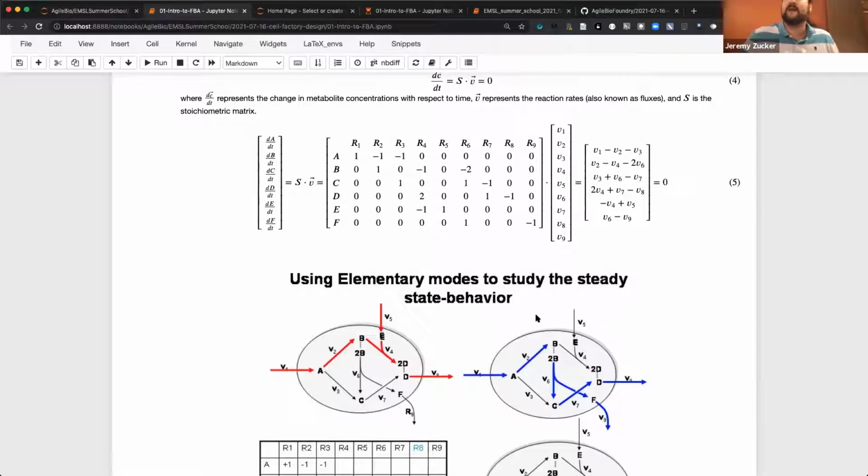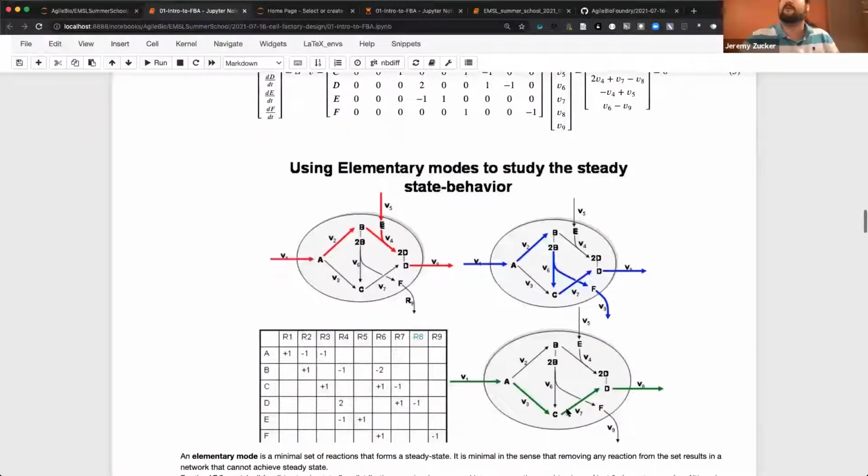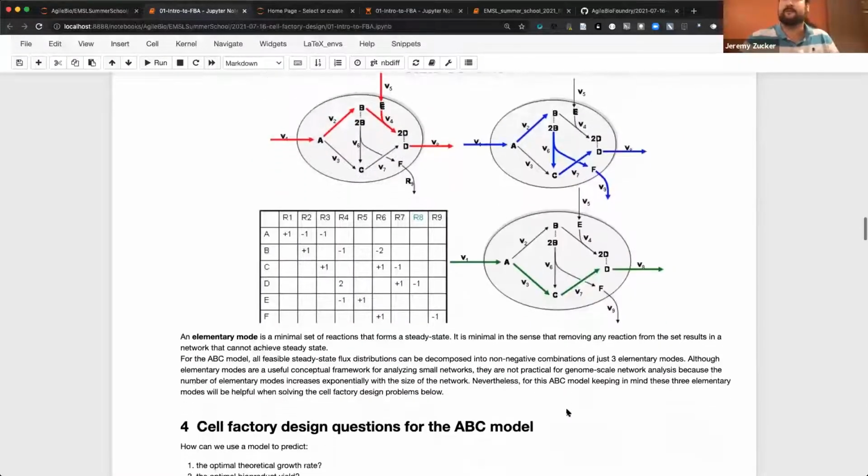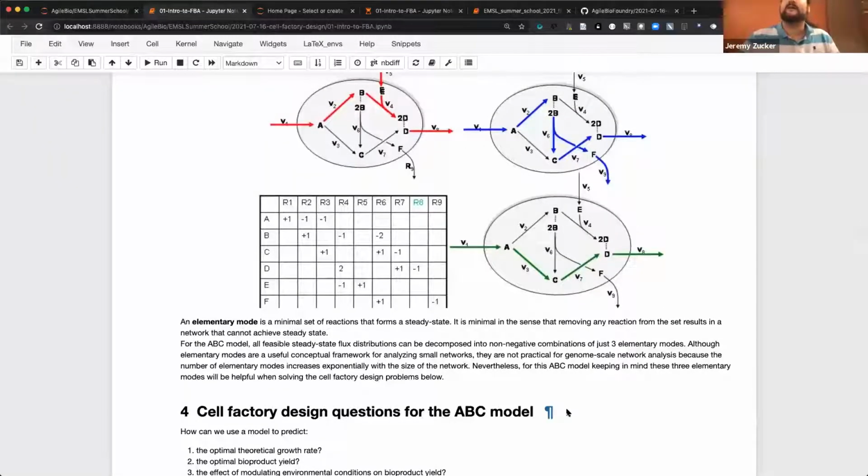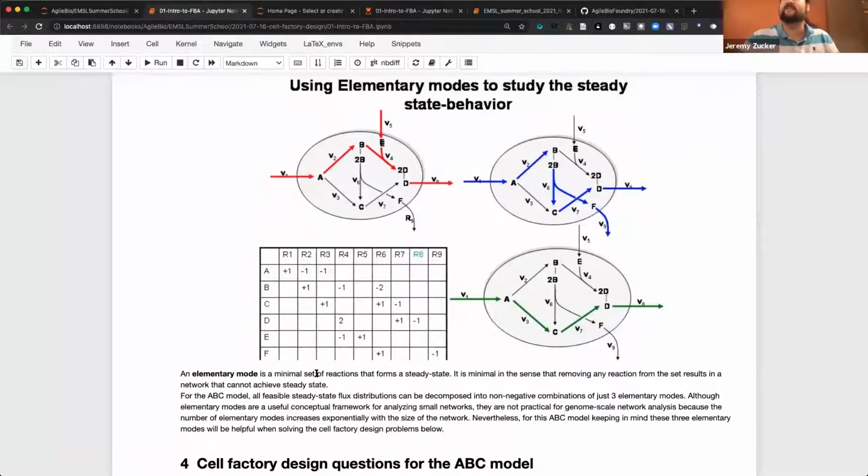You can describe any steady state as basically a linear combination of 3 what are called elementary modes. So an elementary mode is a minimal set of reactions that forms a steady state. And it's minimal in the sense that removing any reaction from this set results in a network that cannot achieve steady state.